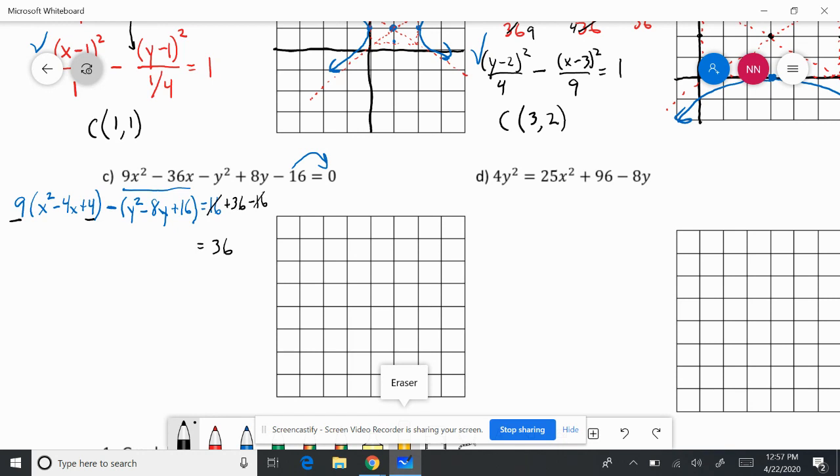We're going to factor each of our trinomials. So we have 9 times (x minus 2) squared minus, we factor this trinomial, (y minus 4) squared. Next thing that I'm going to do is set it equal to 1, so I'm going to divide each side by 36.